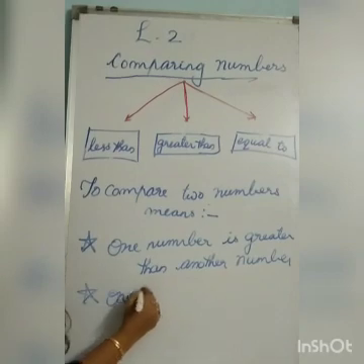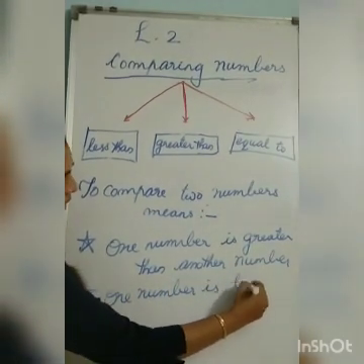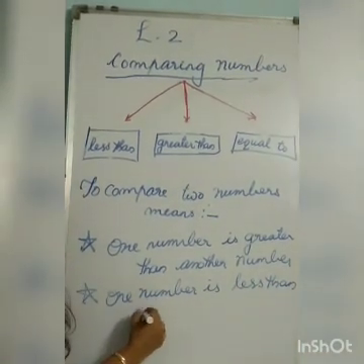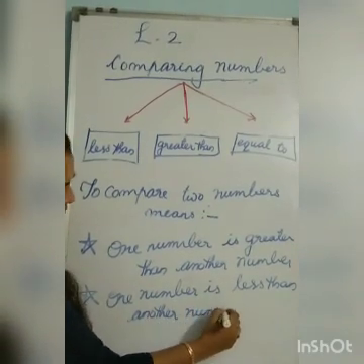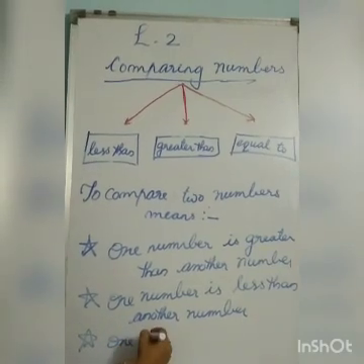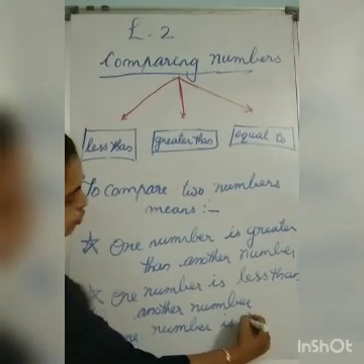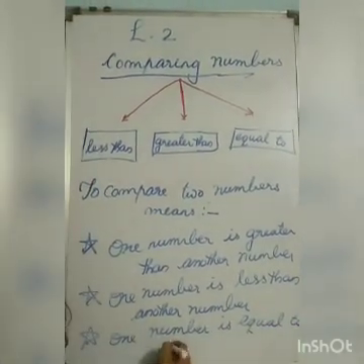One number is less than another number. And one number is equal to another number.